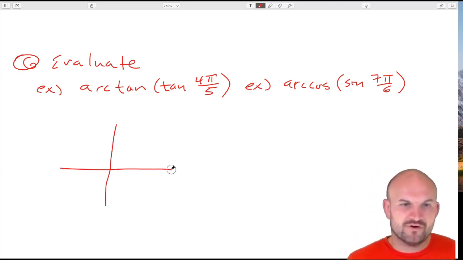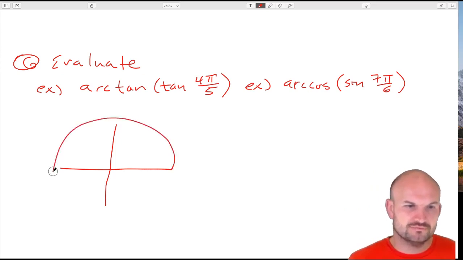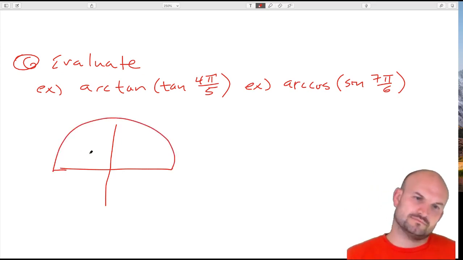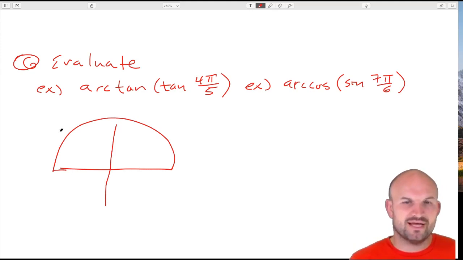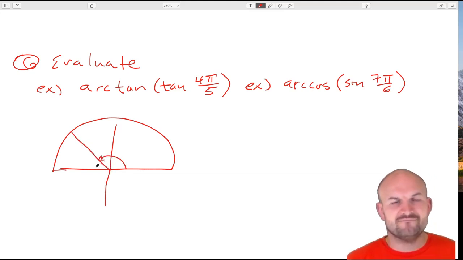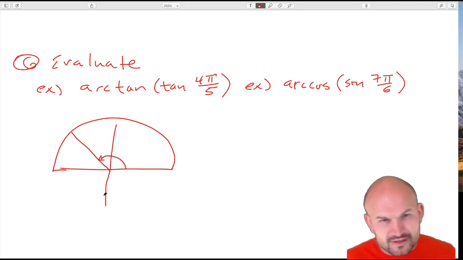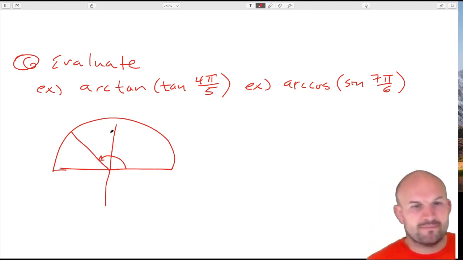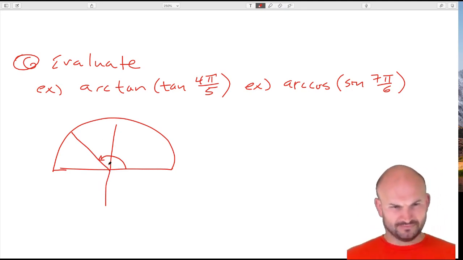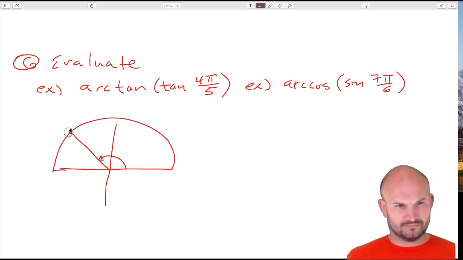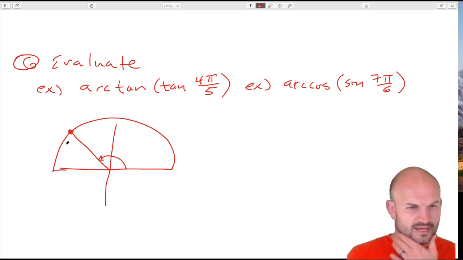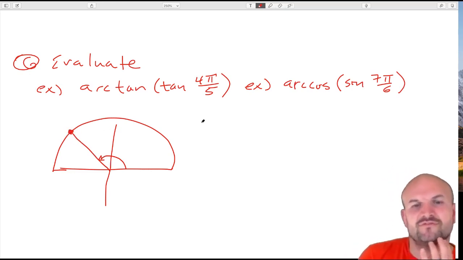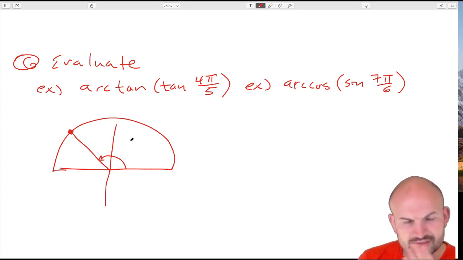If all the way around the circle is going to be 4 pi over 5, if we were to break this up into fifths, then that's going to be somewhere in the second quadrant. Actually, I was thinking that was going to be in the first quadrant, but it's not. It's going to be the second quadrant.